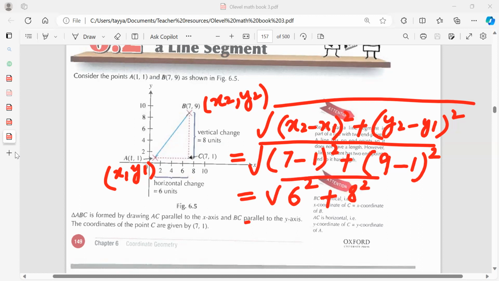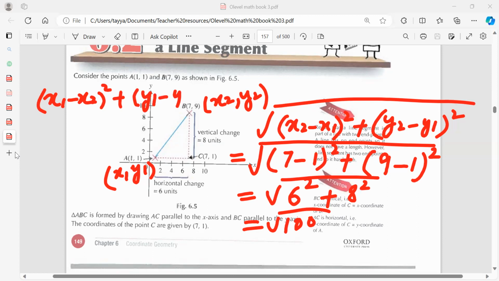That will be 100, right? This is the answer for this formula. Now we are applying the other formula, x1 minus x2. Take x1, which is 1, minus x2, which is 7.